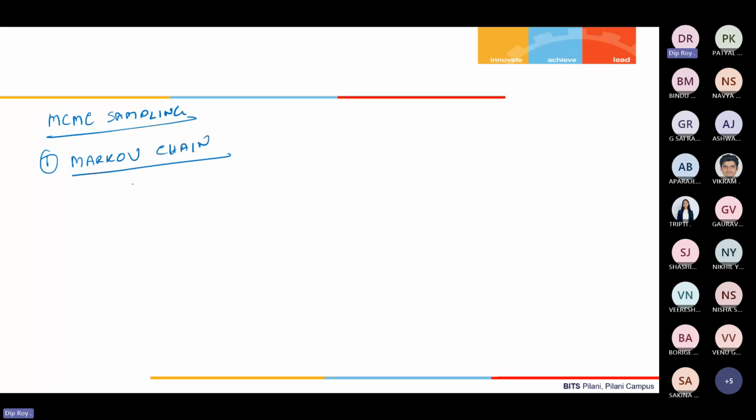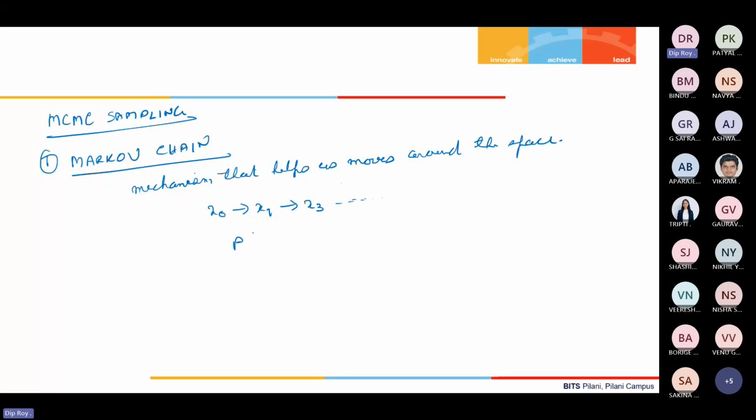A Markov chain is nothing but a mechanism that helps you move around the space. Let's say you have this state, you want to go to this state, and this state, and so on. Every state will have a transition probability, that is, the probability of x(t+1) given x(t).